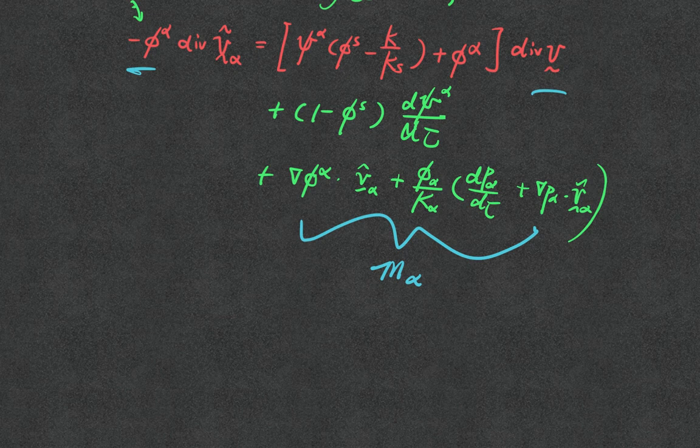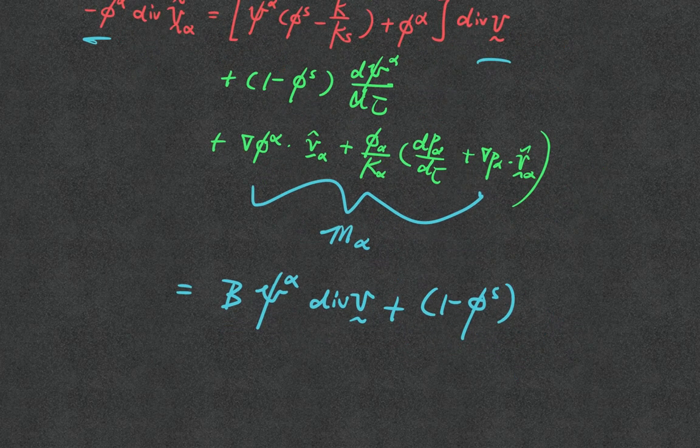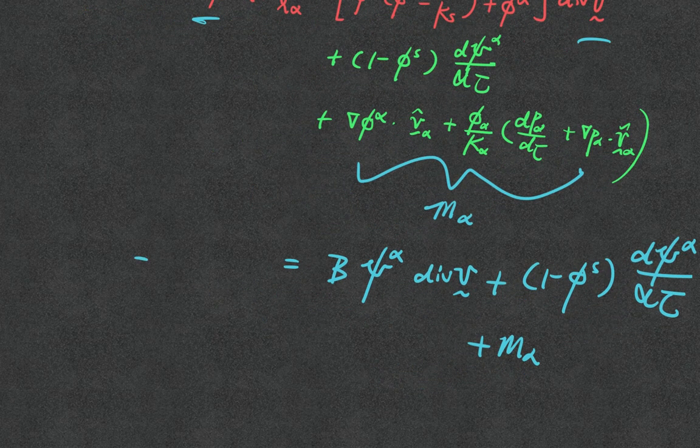And if I do this, after some algebra, what I would have is that B times the degree of saturation of the alpha term times the divergence of V is plus the 1 minus rho s, which is theta s, which gives us the porosity, times the change of the degree of saturation, plus m alpha equals minus rho alpha divergence of alpha.